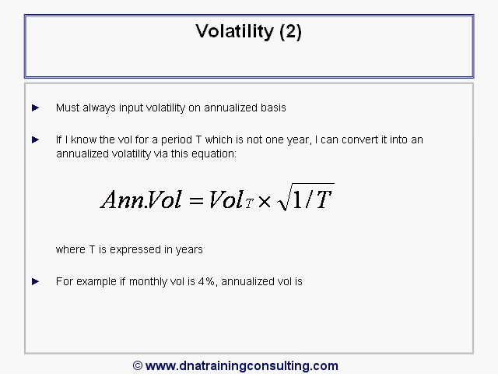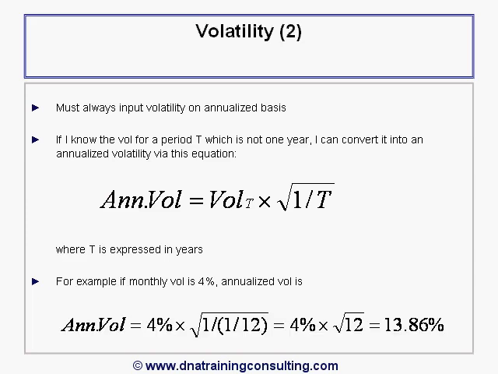To illustrate, if you are told that the monthly volatility of a currency is 4%, applying the formula above leads to an annualized volatility calculated as 4% times the square root of 1 over 1/12 of a year.